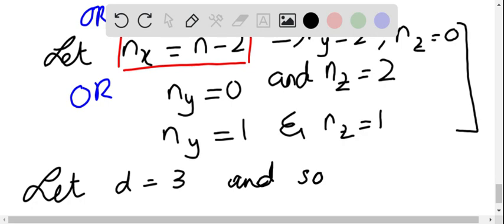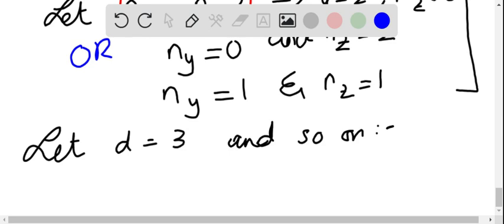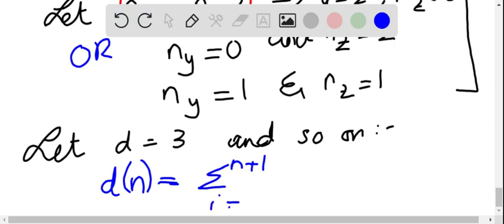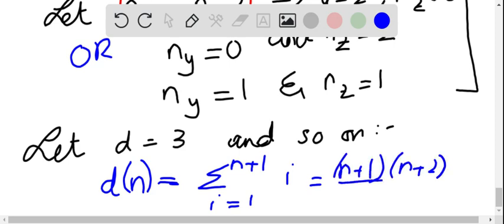So the degeneracy for this would be d of n is equal to the summation from i equals 1 to n plus 1 of i, which is n plus 1 times n plus 2 divided by 2, right? So this is your solution for part B, right? It was very easy.